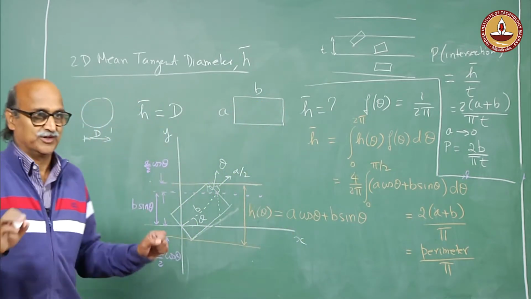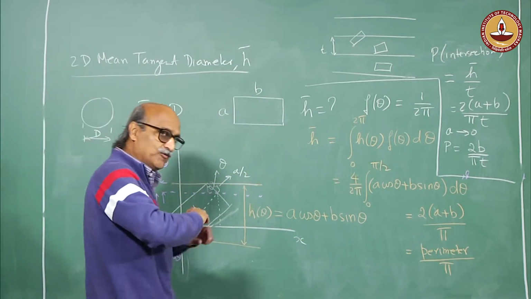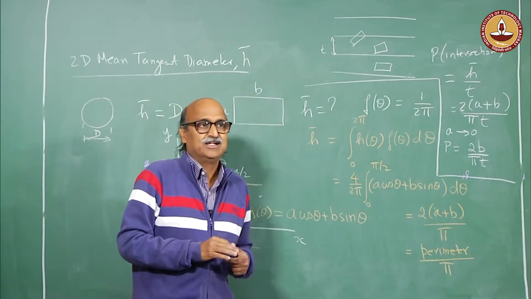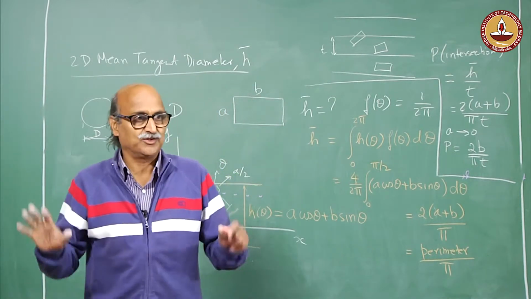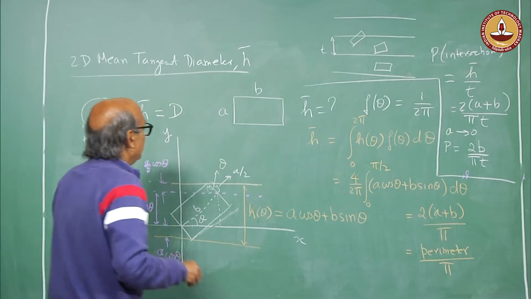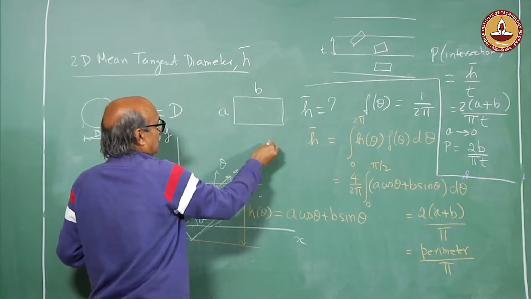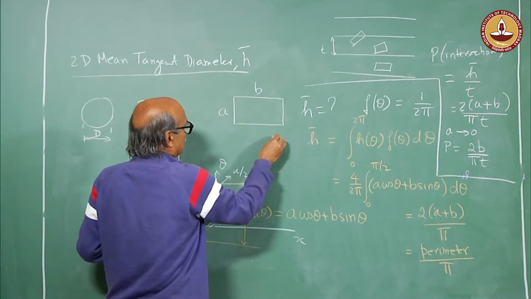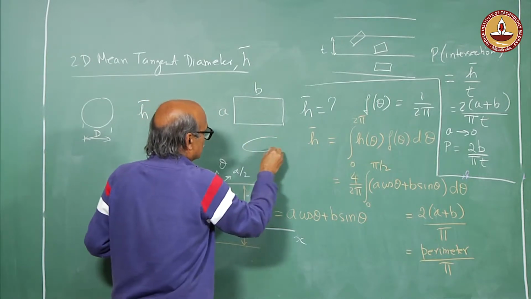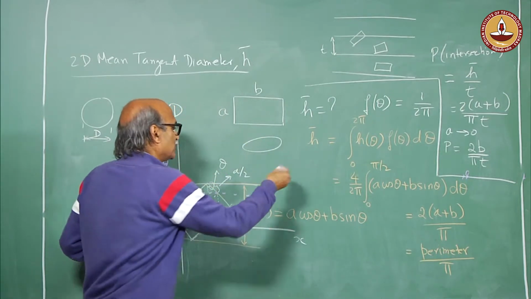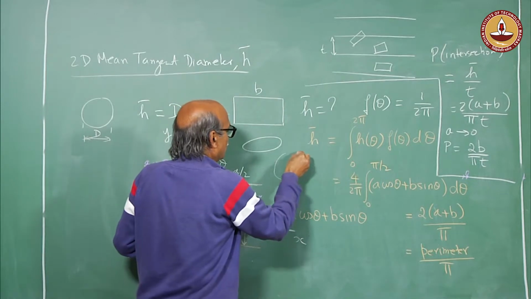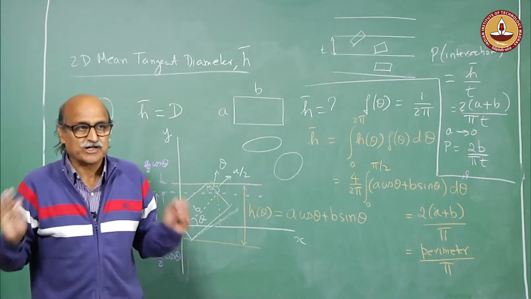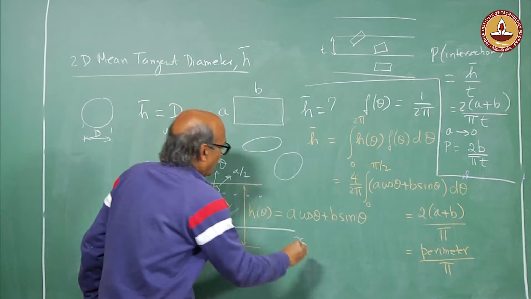It turns out, and we can prove it in a very general case, that for any convex object, this object need not be a rectangle. It could have been, for example, an ellipse, or it could have been any other object as long as it is a convex object.